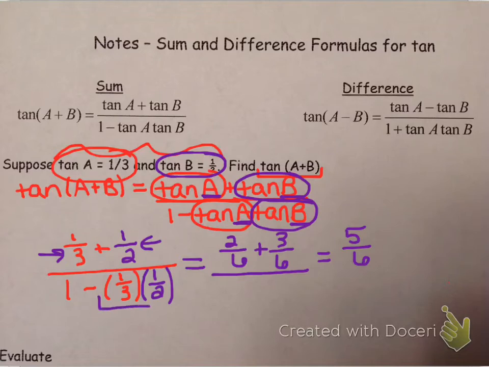I would multiply these two things together first, and they don't need a common denominator to do that. It would just be 1 times 1 on top and 3 times 2 on bottom. And 1 minus 1/6, if you need to, you can turn this 1 into a 6/6, and you get 5/6. And then technically I could multiply by the reciprocal because I'm dividing by a fraction, but I don't need to, because any number divided by itself is automatically 1.